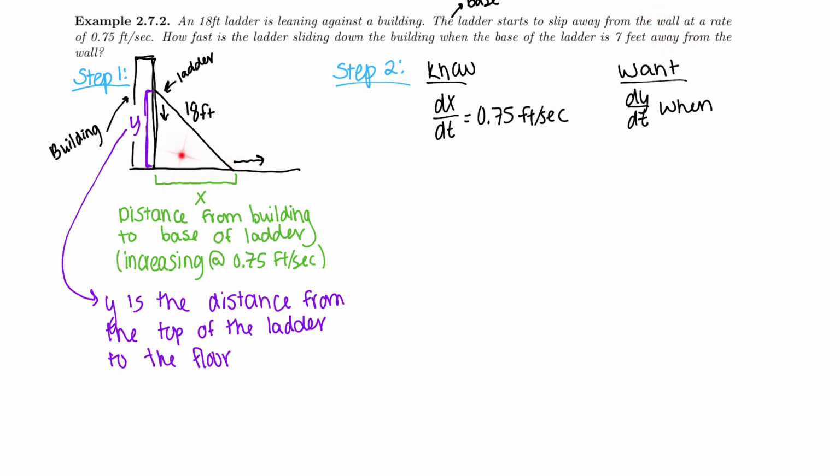That would be this distance here. When this distance here is 7 feet. So the quantities we have to relate together are x and y.